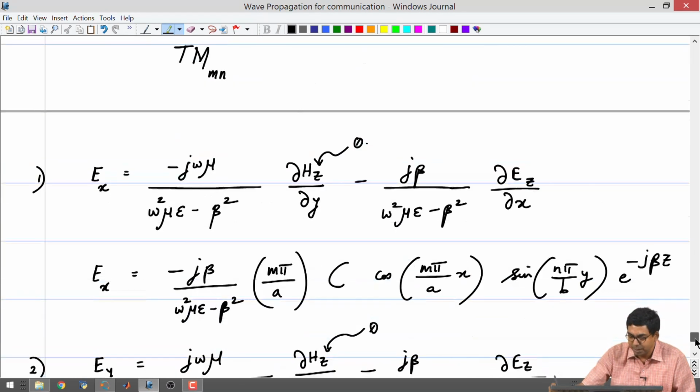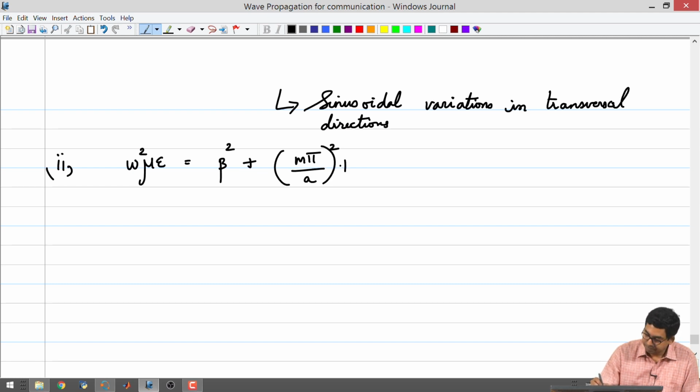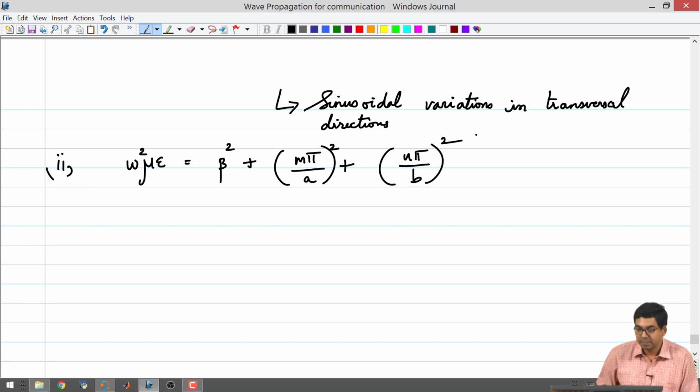So, while introducing this, you will notice that the only way this equality is going to be satisfied is if beta square plus these terms is equal to omega square mu epsilon. This is what you will end up getting. Unless it is equal, your right hand side will not go to 0.